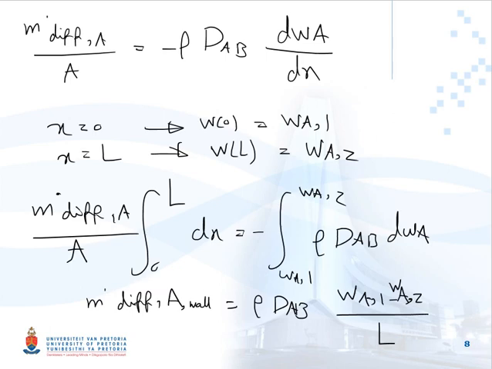Okay, is there any way that we can do anything about this? Because we have rho D_AB. Sorry, I forgot A here, because A comes from here. Then, okay, let me open another page.